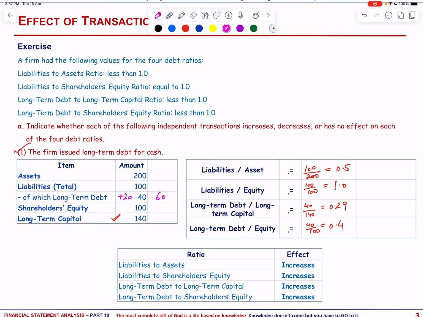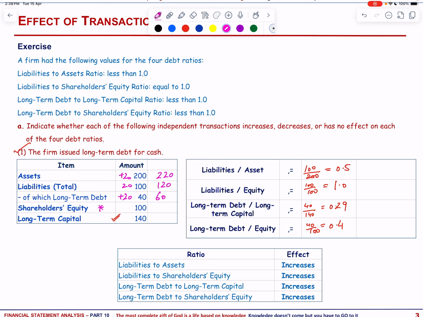So we have the long-term debt of 20, so the assets are also going to increase by 20, and this is going to be equal to 220. The liabilities will also increase by 20, so the total liabilities will be 120. Now equity remains unchanged, there will be no impact.